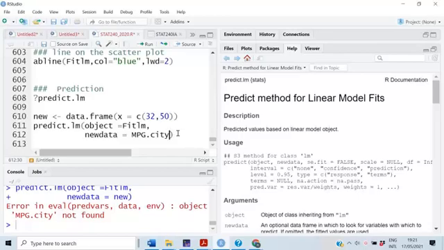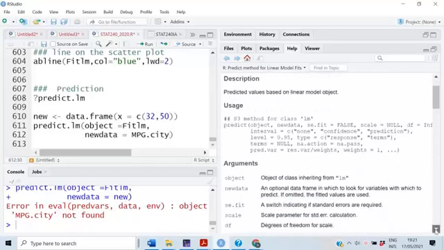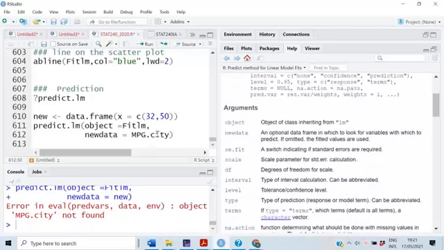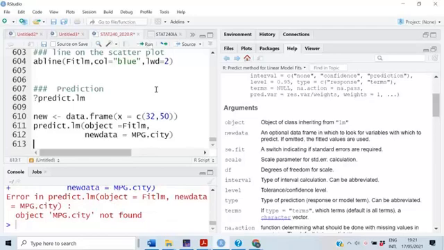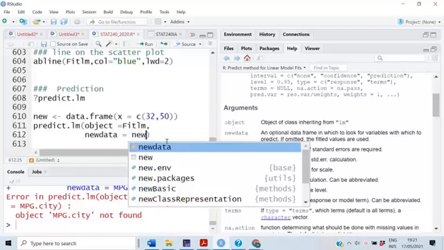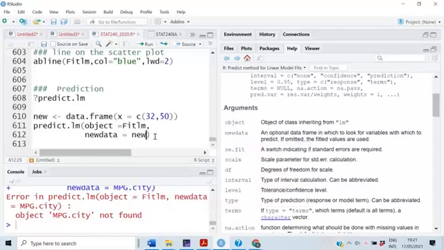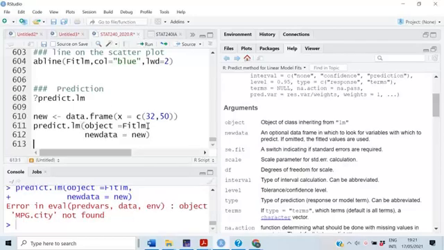Okay, let me see. Or data. Do I need data here? Let me see. mpg.city. This new. Okay.